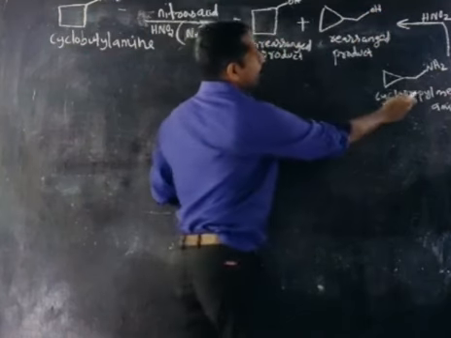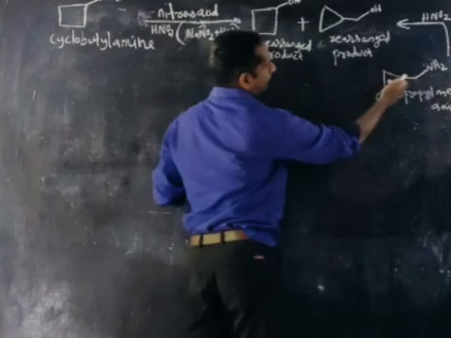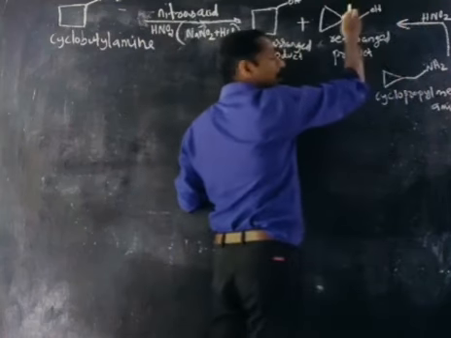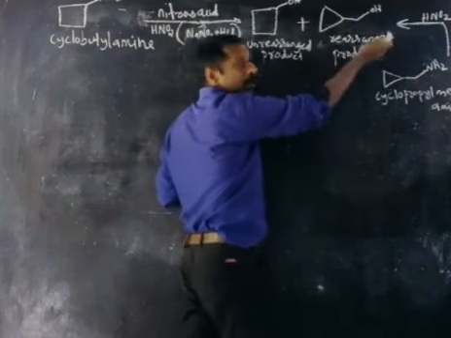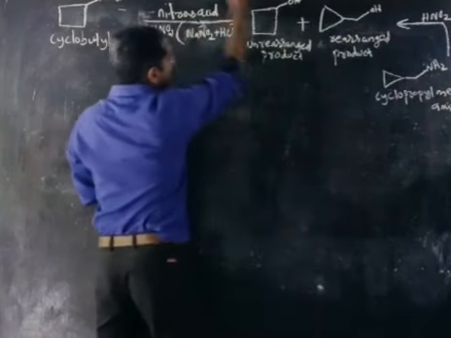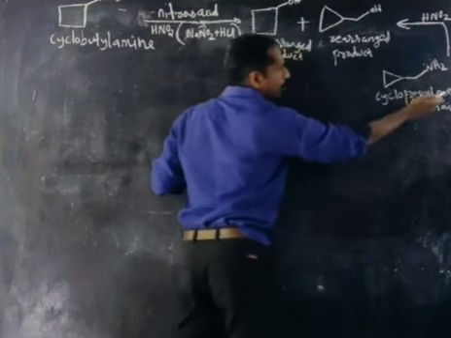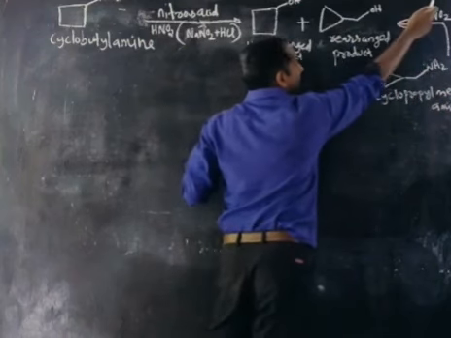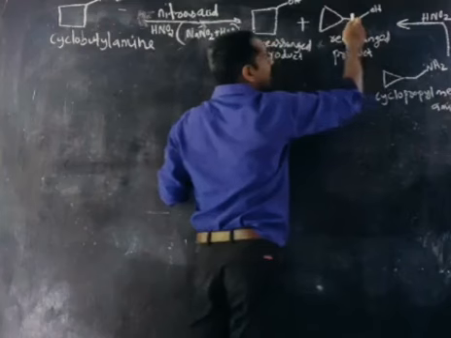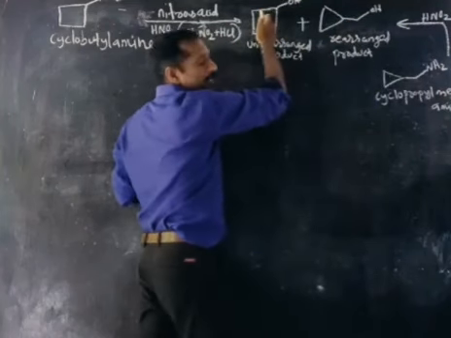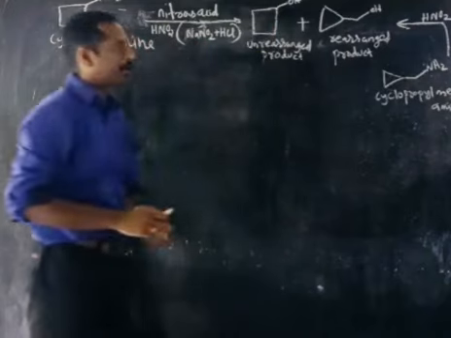Similarly, cyclopropyl methyl amine, when subjected to HNO2, will undergo ring expansion. That means this is the rearranged product. Okay. Now look at the mechanism.